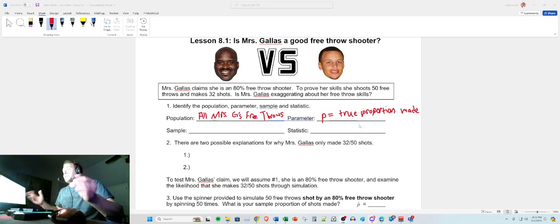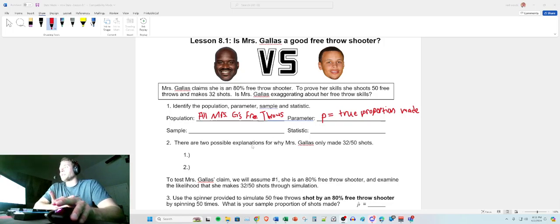Really, that's her ability to shoot, free throw ability. We're not estimating, we're trying to test a claim here. That's what we're learning about here. We take the sample. So the sample is the 50 free throws that she took.